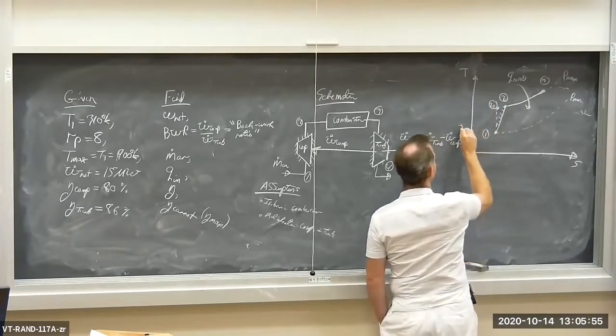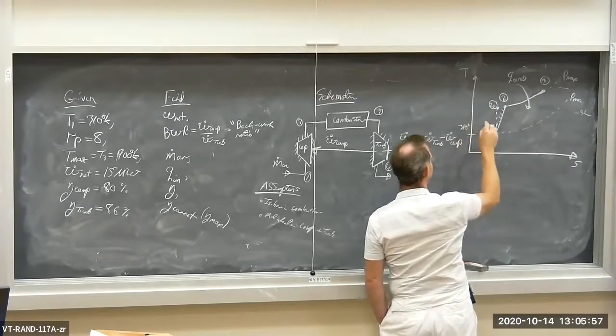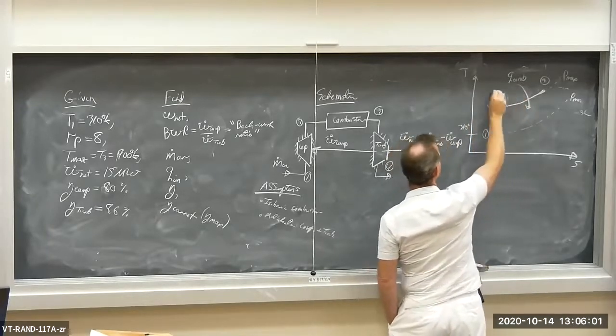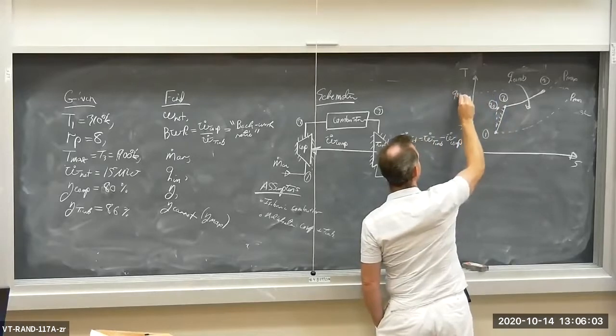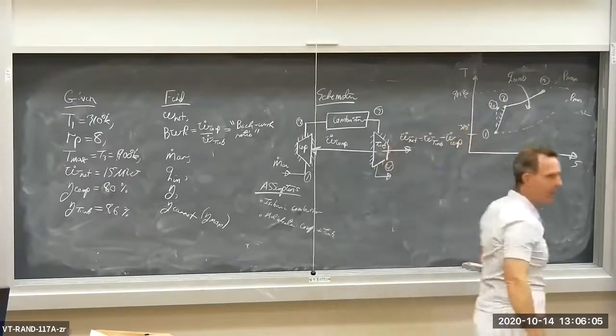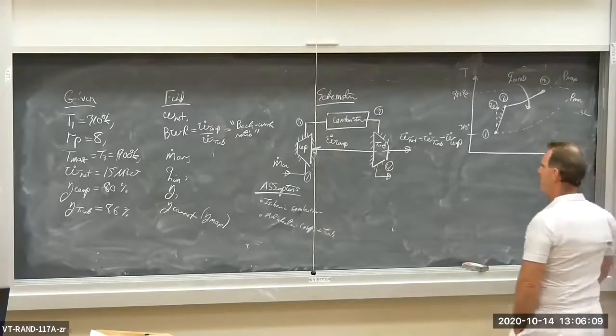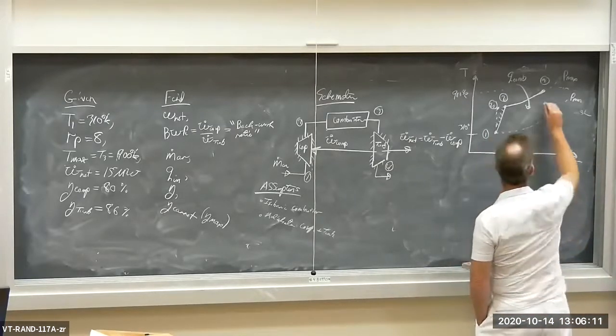So this is 310 degrees Kelvin, that's the minimum temperature, and the maximum temperature is 900 degrees Kelvin in the cycle. And then we have expansion in the turbine.